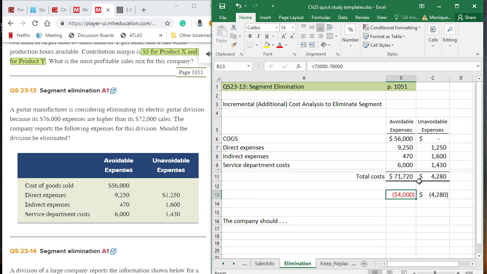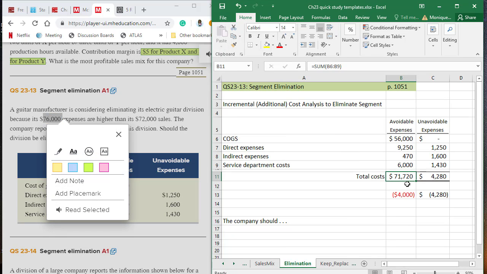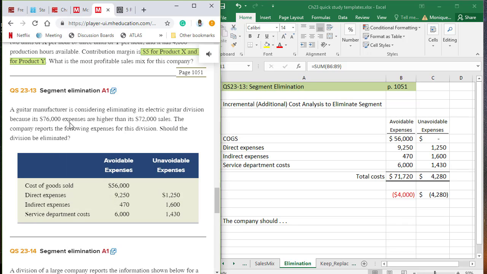Another way to look at this is that you're looking at your avoidable expenses of $71,720. So of the $76,000 in expenses, you're only able to avoid $71,020.